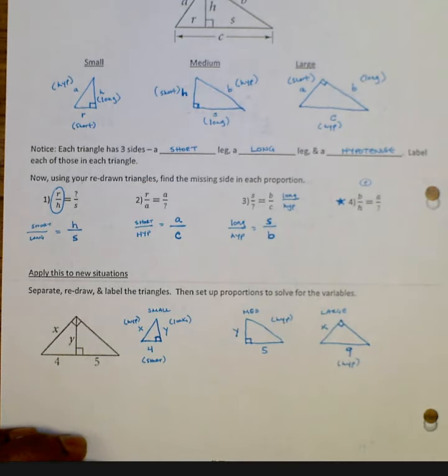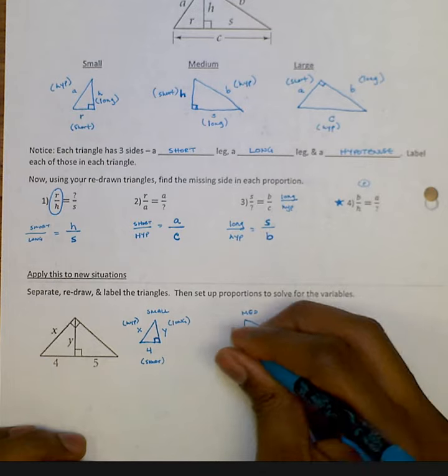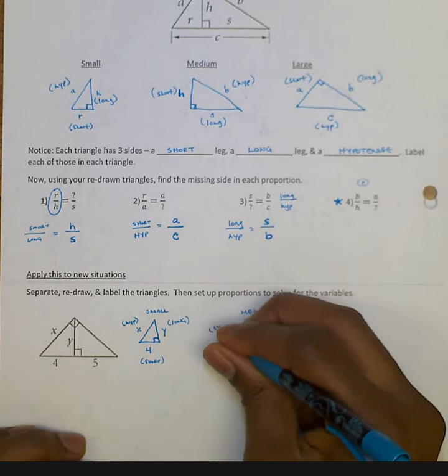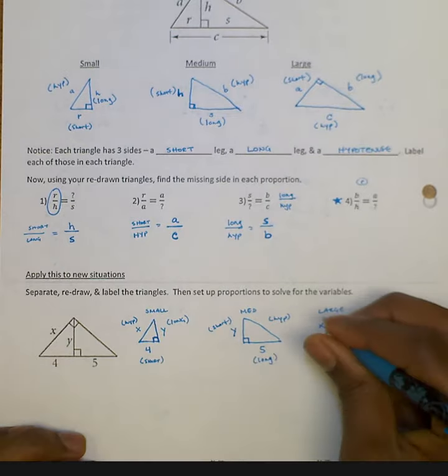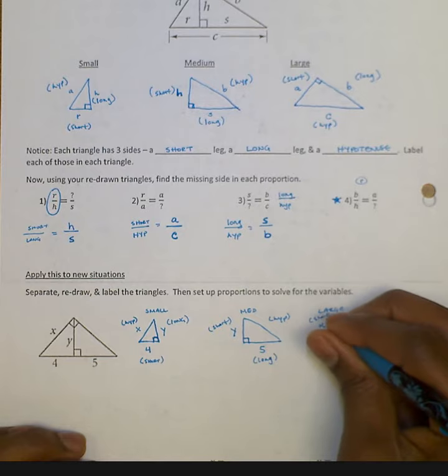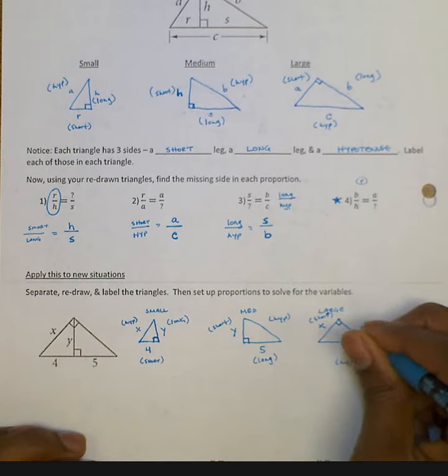Our short leg in the medium triangle looks to be y. This is our long leg. And then x looks to be our short leg in our large triangle, and our long leg is unknown, but I'm just going to label it anyway.